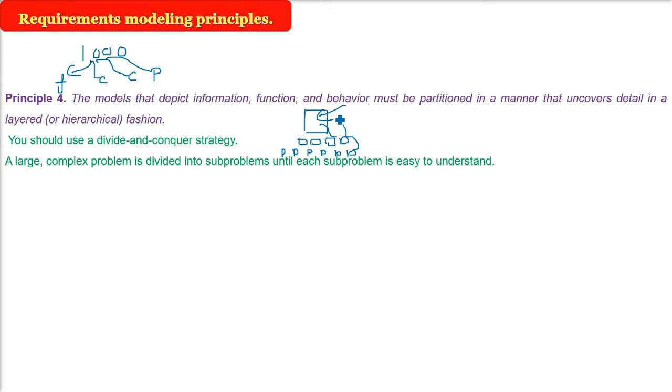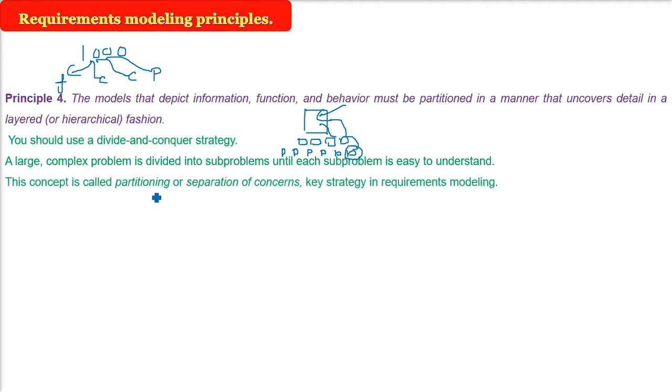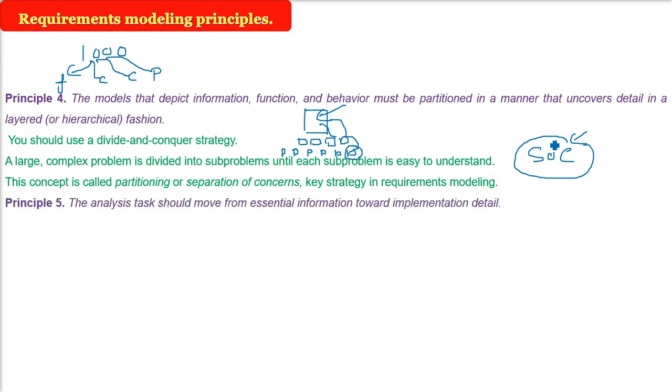If you have a very complex problem, you can divide it into smaller sub-problems until every one of you is able to understand and implement that sub-problem. This is all about the divide and conquer strategy. We call it partitioning or separation of concerns, SoC. We have already seen that. This is the main strategy behind requirements modeling: partitioning and separation of concerns.